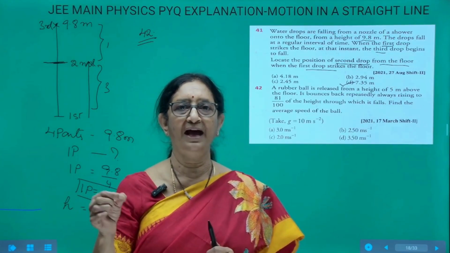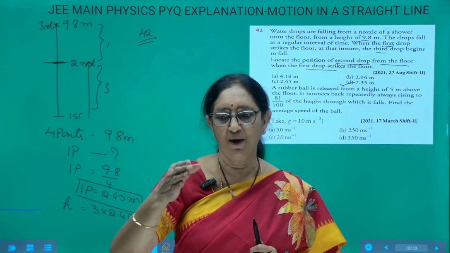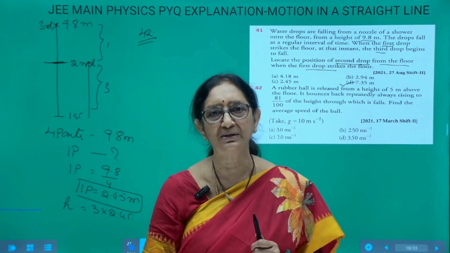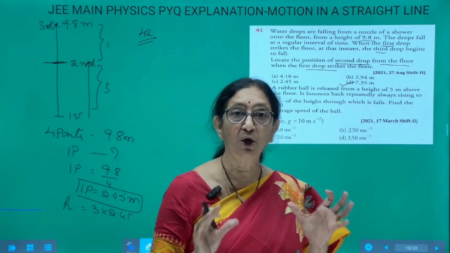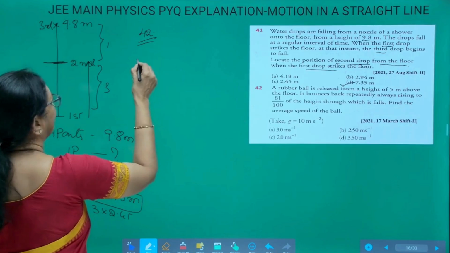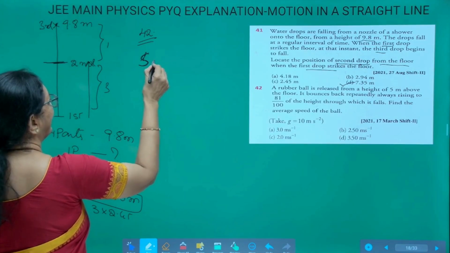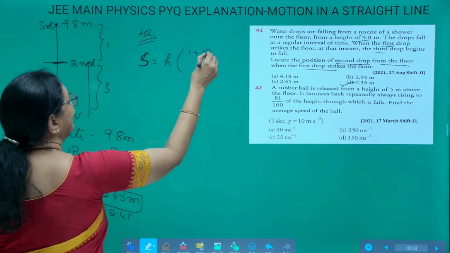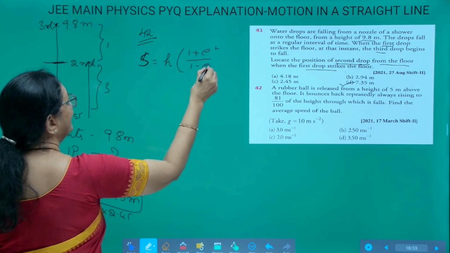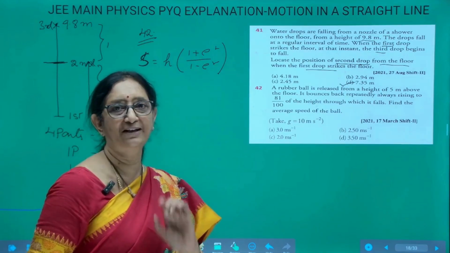First you have to imagine the scene. When a ball is dropped, it repeatedly bounces and finally it comes to rest. So the total distance travelled by the ball before it comes to rest, let us take it as S, is h into (1 plus e squared) by (1 minus e squared), which we already derived in the synopsis.